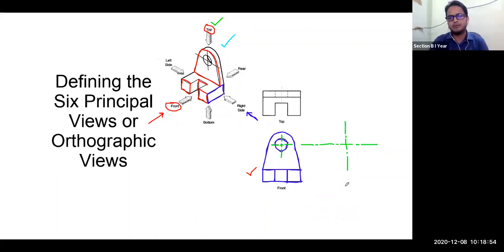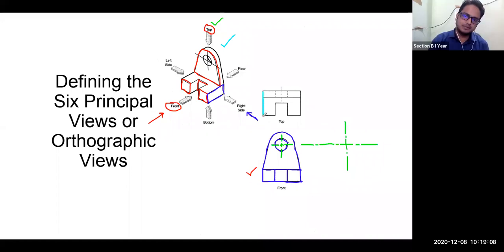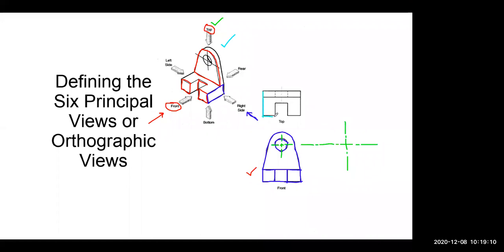What is the type of line that you are getting here? In the figure that is visible here on the screen, this is representing your thick lines.